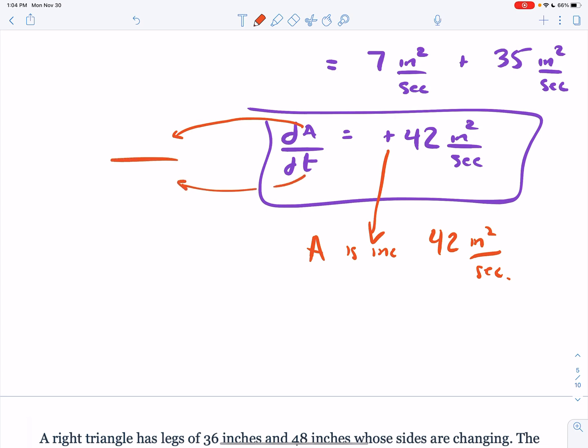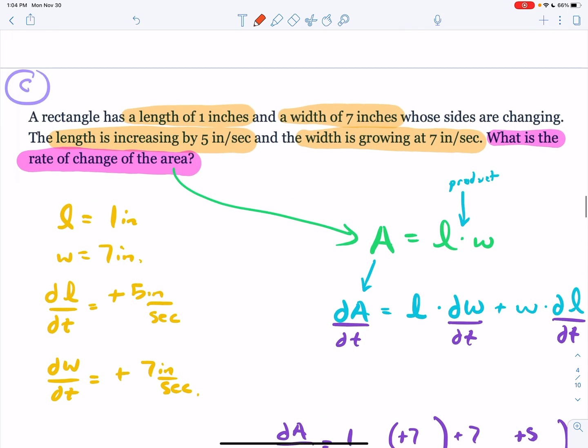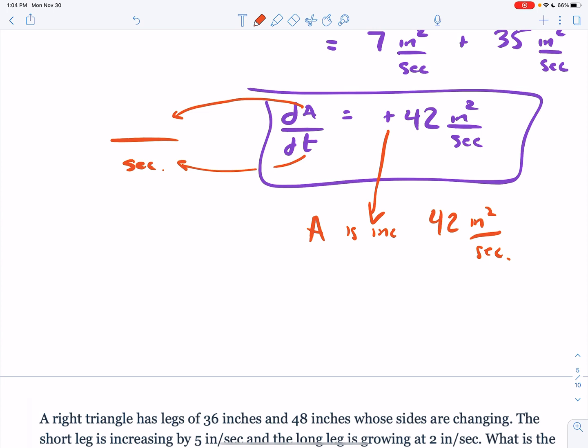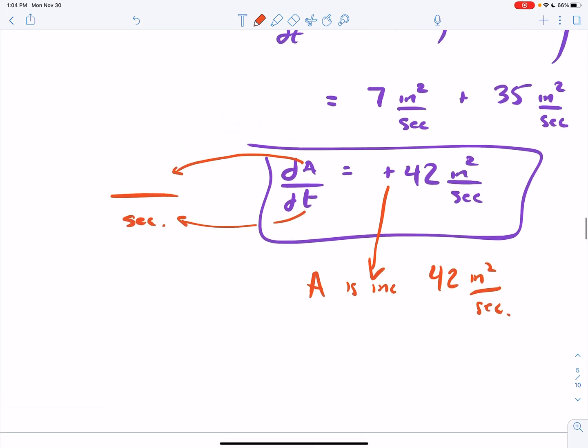Okay? Time, in this case, is represented as seconds. So I'm going to put seconds down here. Area, if you remember, is always measured in square units. So in this case, it's going to be square inches. I talk about this because when you get to your FRQs in your AP exam, they do ask you for units. And these are the easy points that you don't want to miss.